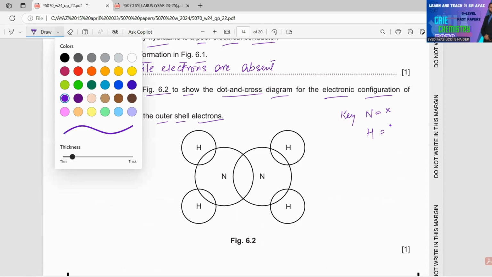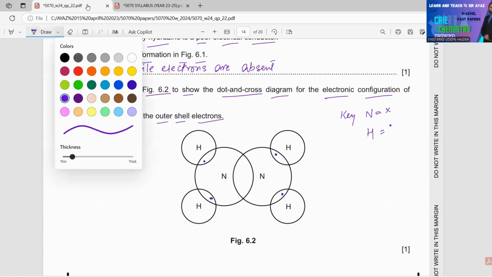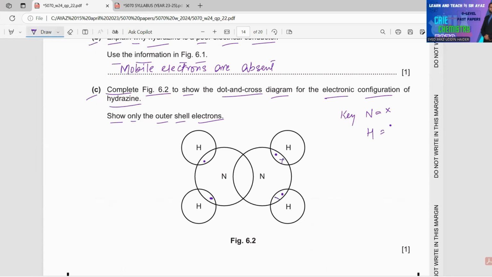So for the right hand side, 1 for this hydrogen, 1 for this hydrogen, 1 for this hydrogen. Now, for each nitrogen, we have to show 5 valence electrons. So 1, 2, 3, 4, 5. For the left hand side, 1, 2, 3, 4, 5.